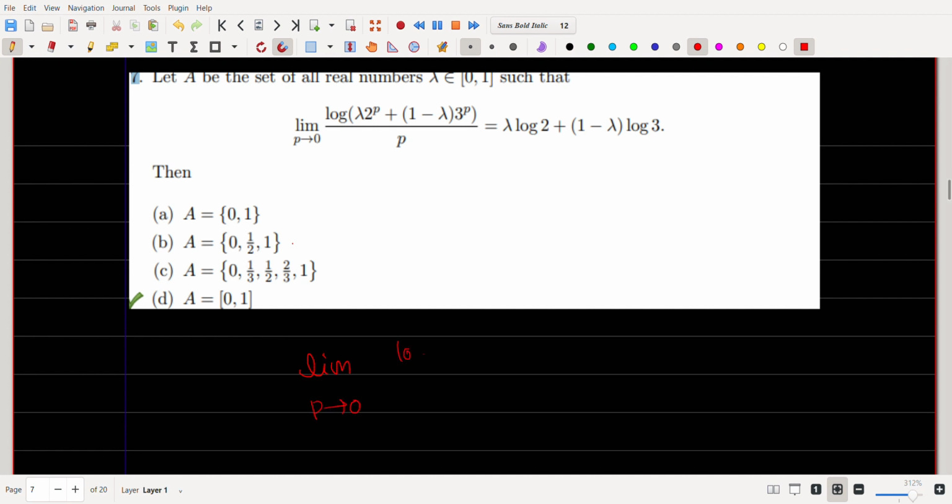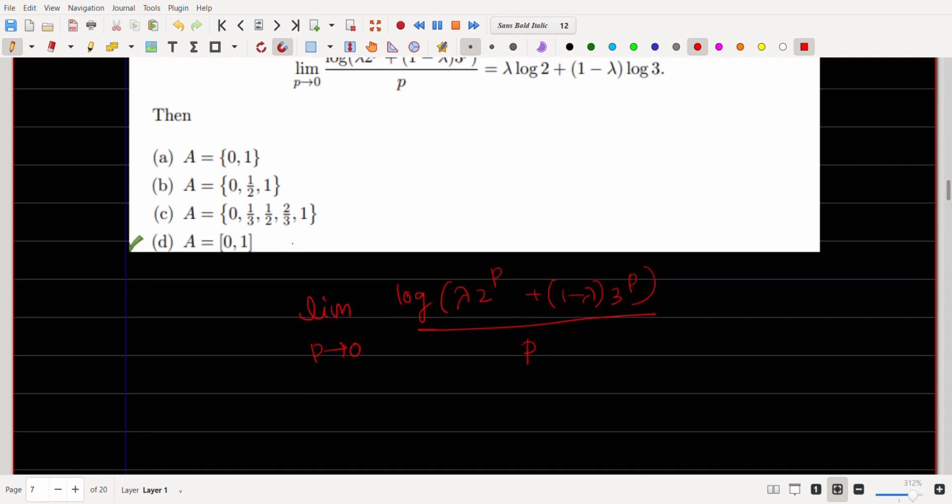Because limit p goes to 0 of log(lambda 2^p + (1 - lambda) 3^p) by p. If p is equal to 0, then we get log 1, which is 0, and the denominator is also 0. So this is a 0 by 0 form.